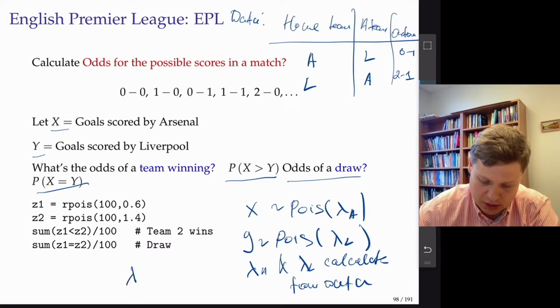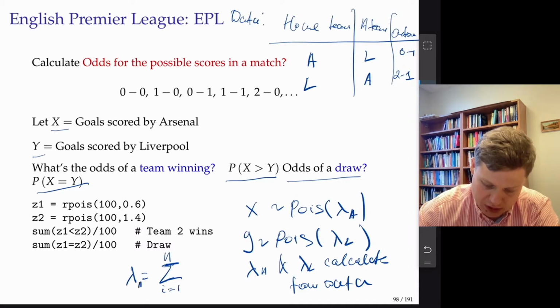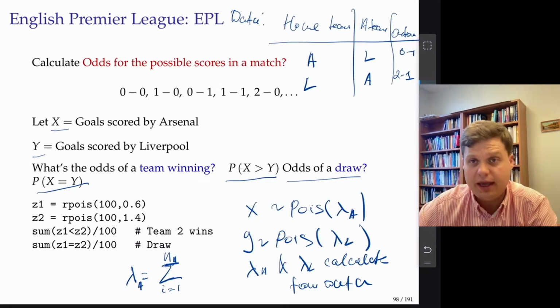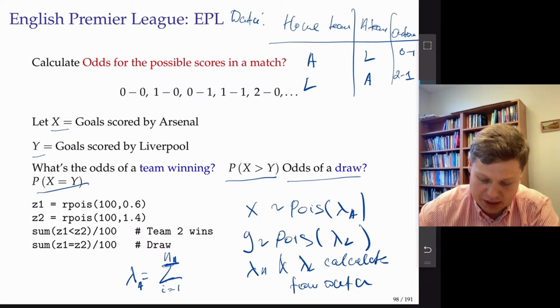So I'm just gonna use maximum likelihood estimation in this case. For lambda A, I'm gonna sum all of the scores, so let's say I goes from 1 to N. So let's say for Arsenal, I want to calculate NA, where NA is the number of games played by the Arsenal, and I'm gonna sum up the goals scored by the Arsenal in each of those games, and then I just average it out.